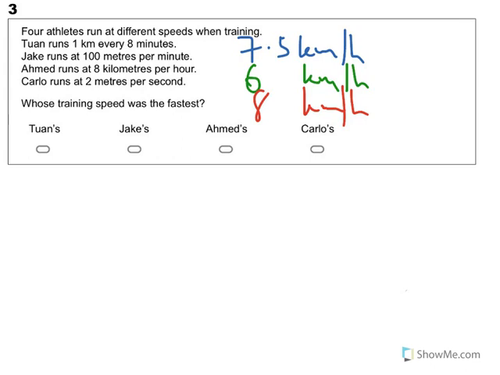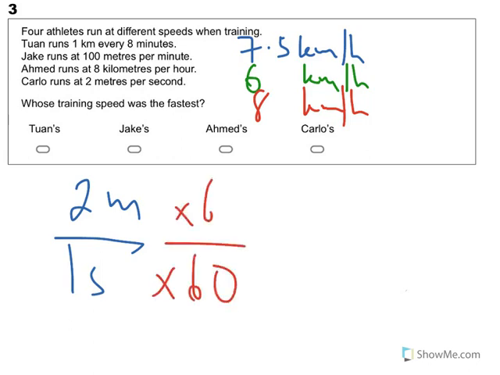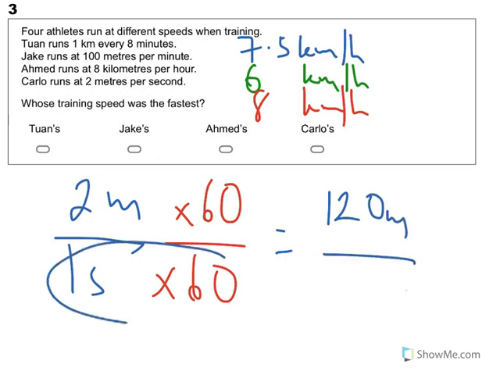And the fourth one is 2 meters per second. So let's calculate that. So we have 2 meters in 1 second. So I'm going to times it by 60 to make it a minute first. So I have 120 meters per 60 seconds, or I can just say 1 minute.